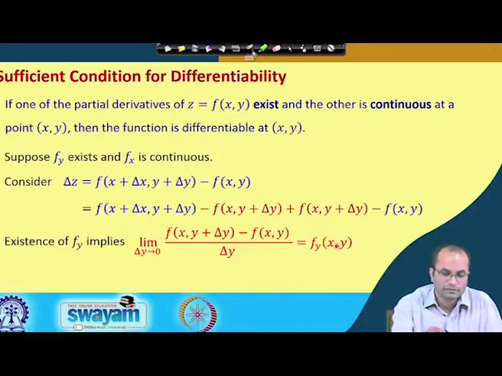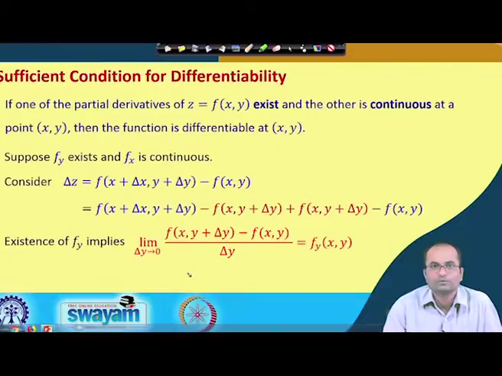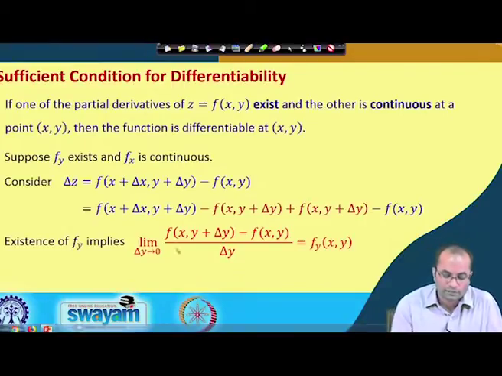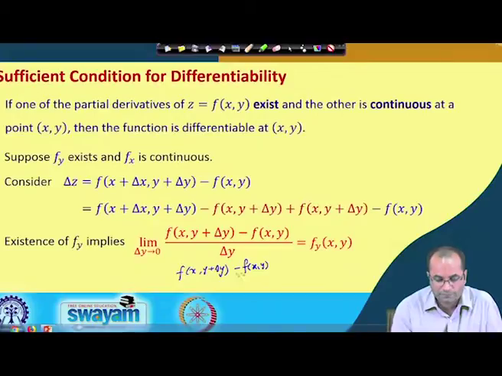Now we can use the idea which we used in the previous lecture: once the limit is given, we can introduce some epsilon, so that f(x, y plus delta y) minus f(x, y) over delta y is equal to f_y, with a minus sign here.